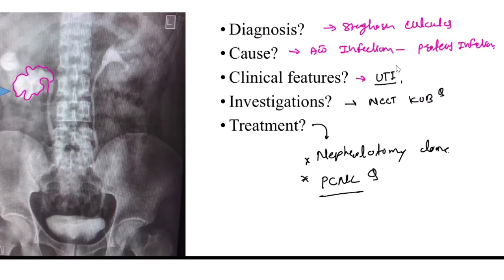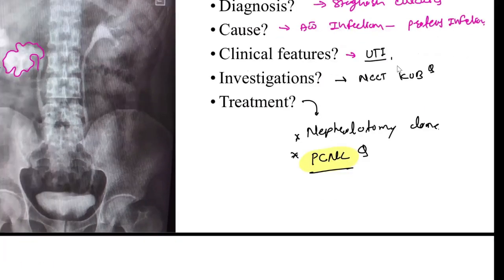Ideally, PCNL is done; if the stone cannot be removed by PCNL, then nephrolithotomy or pyelolithotomy can be done.